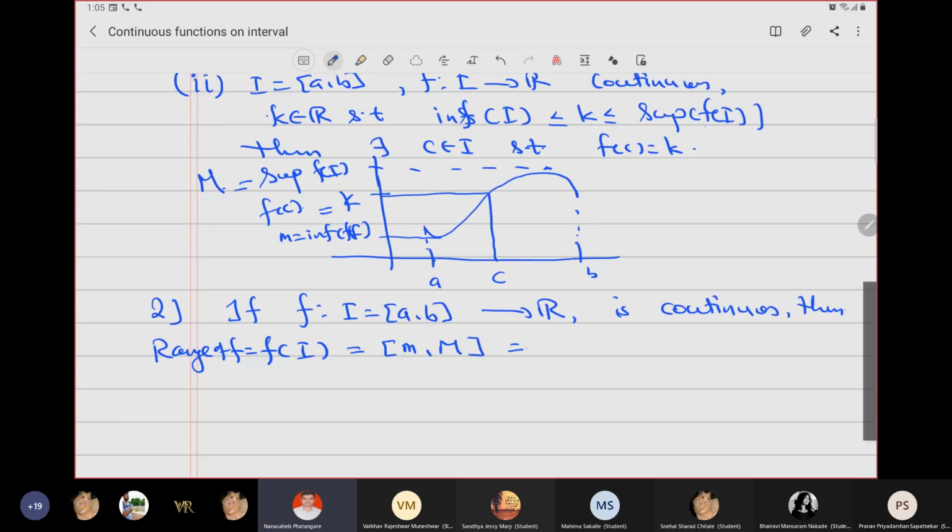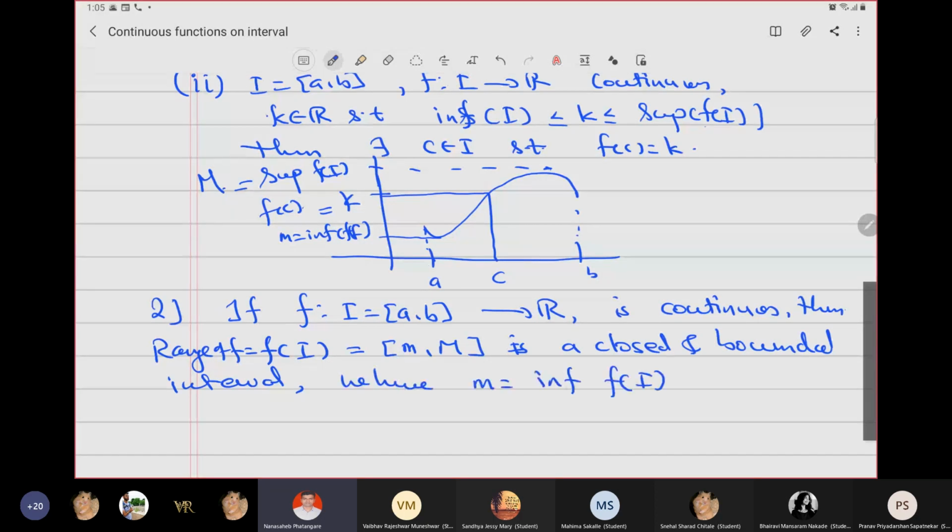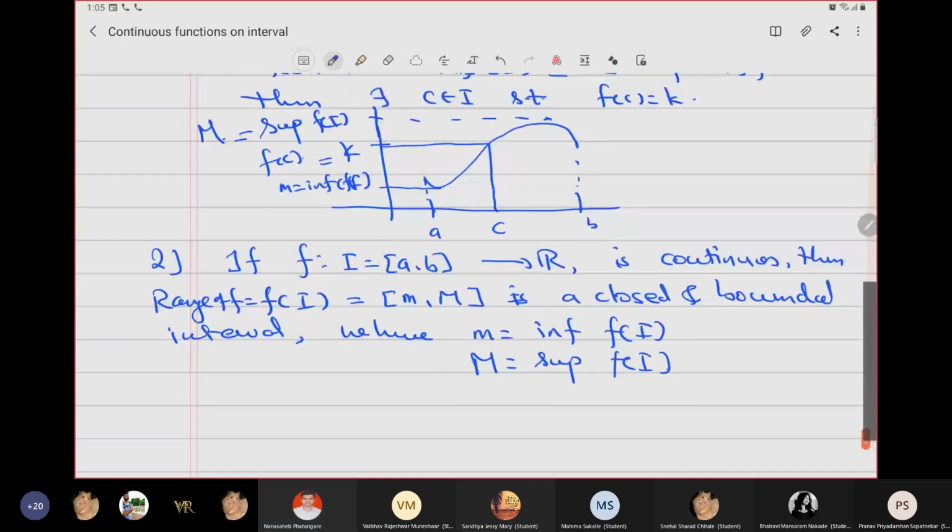What is m? It is a closed and bounded interval. That means the range is also a closed and bounded interval if the domain is closed and bounded and the function is continuous. Here m is the infimum of f(I) and M is the supremum. So this statement is clear.